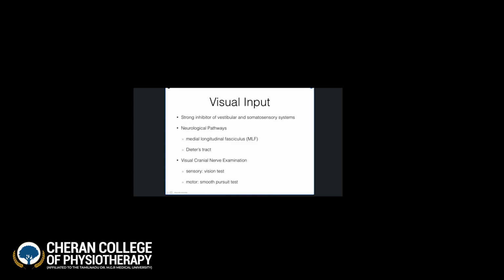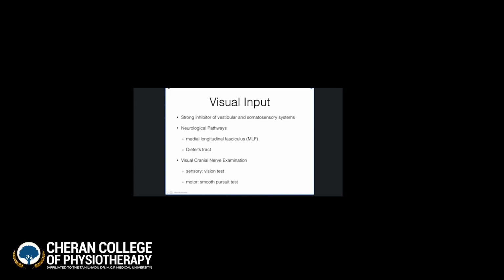Okay, so now we are going to the visual input. So where is the visual input happening? It forms a strong inhibitor of the vestibular and somatosensory system. The strong visual feedback you get through two pathways: one is the medial longitudinal fasciculus and the tract, and the other is the vision test and smooth pursuit test, the visual cranial nerve examination.